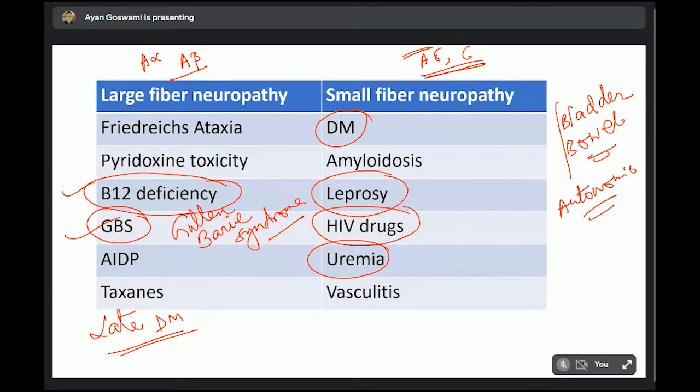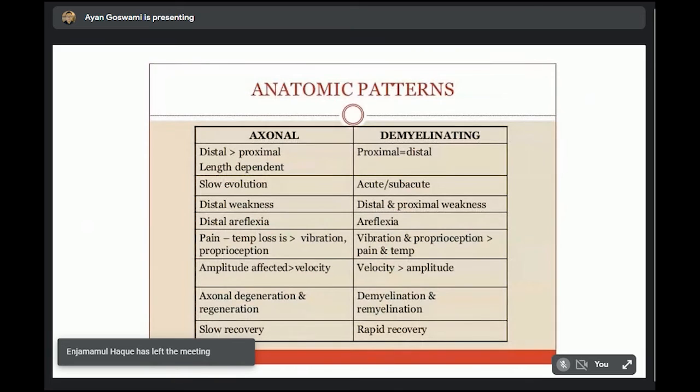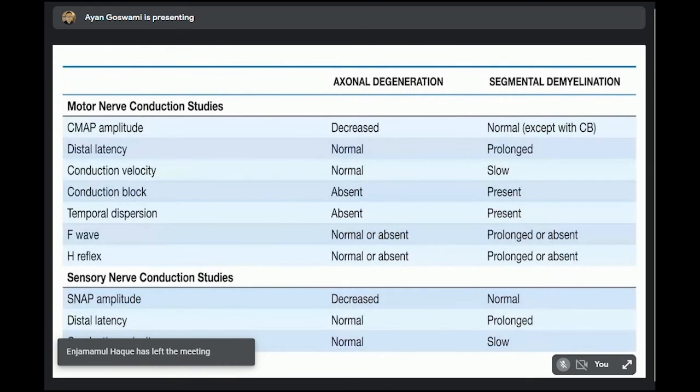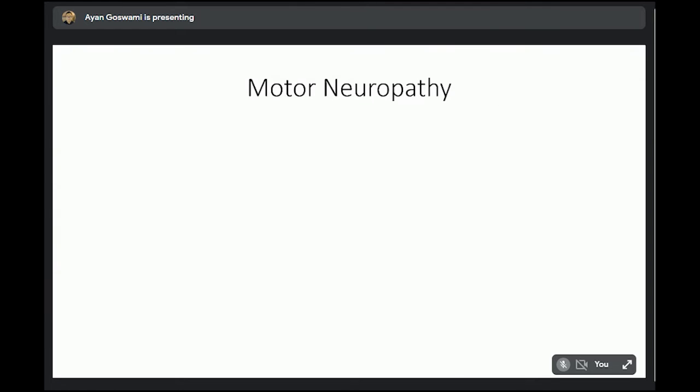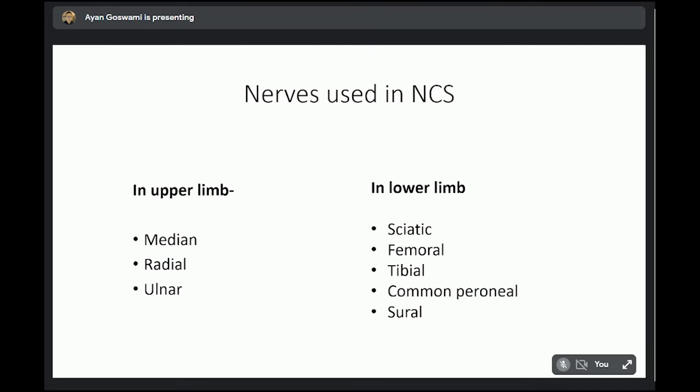There were also a few cases of Guillain-Barré syndrome after COVID infection during the first wave of COVID. Right now it's not happening. So B12 deficiency and Guillain-Barré syndrome are causes of large fiber neuropathy. That means your A alpha and A beta fibers will be damaged, right? So, large fiber neuropathy, small fiber neuropathy.